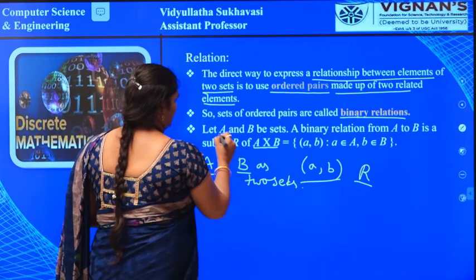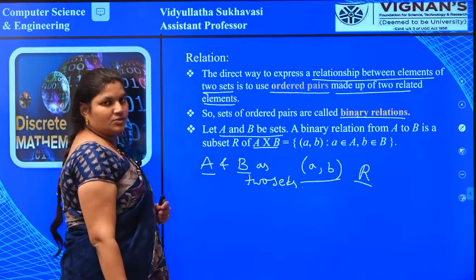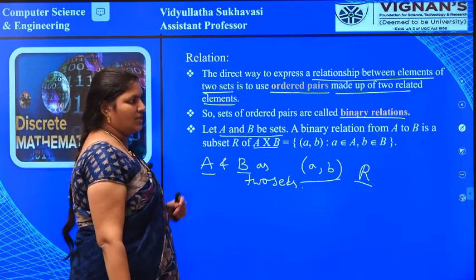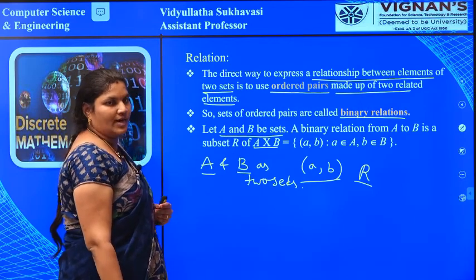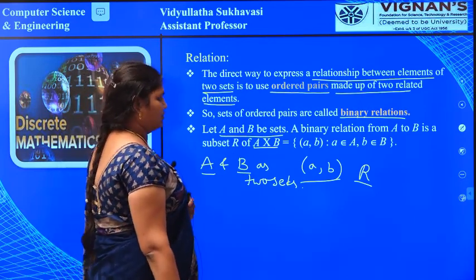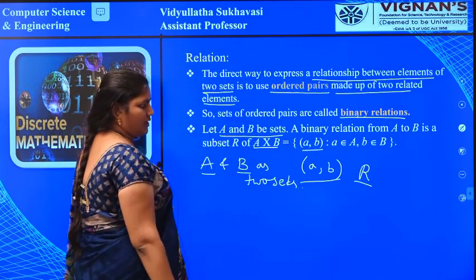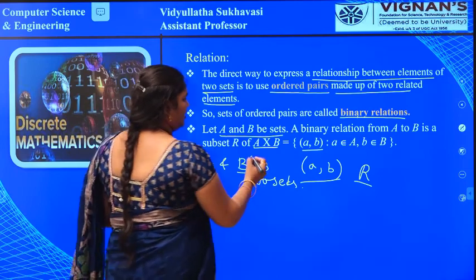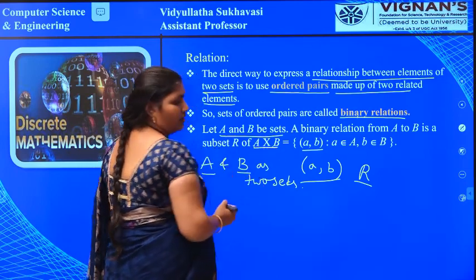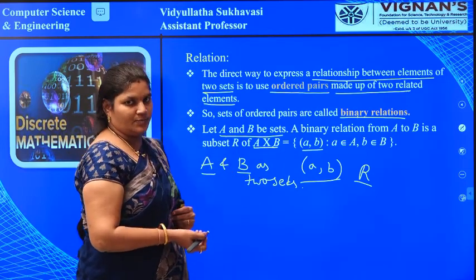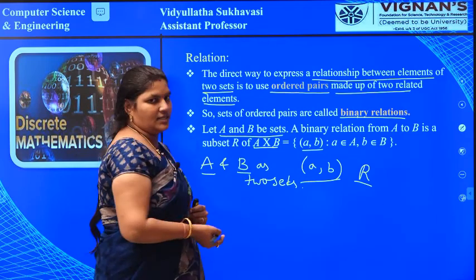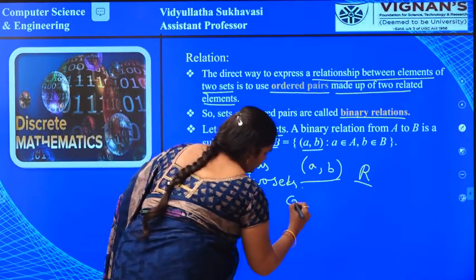How do we represent the relation between those two sets? With the help of the ordered pair representation (a, b). Here A cross B is named the Cartesian product.